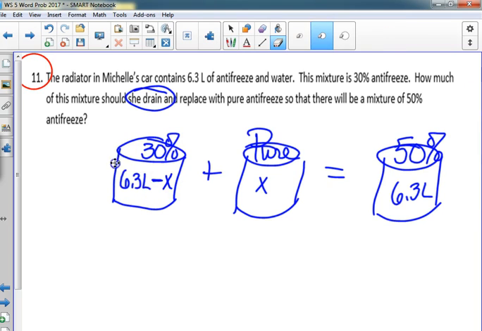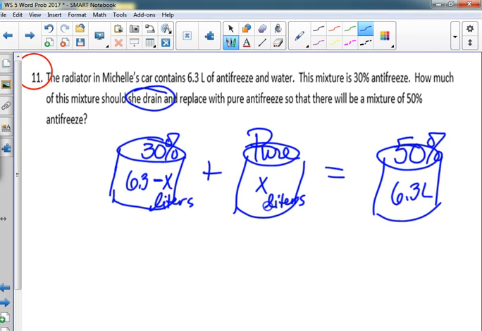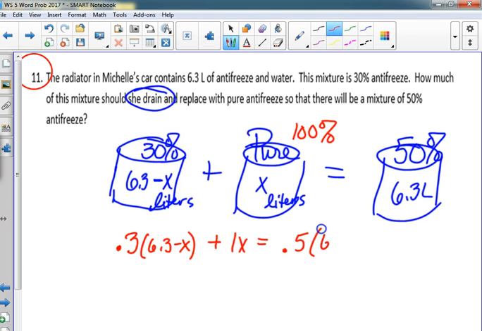Let me erase that L because that's just liters and it's looking really confusing. Looks like we have two variables. Okay, so this is liters, and this is liters. That's why it's labeled liters. Okay, what's our equation going to look like? So this is that percent. Pure would be 100%, so just 1x. And over here, you still have to multiply. It's 0.5 times 6.3. Now you can solve, Ariana?